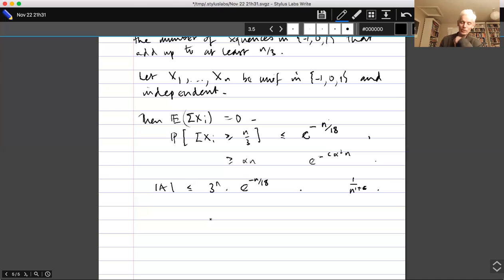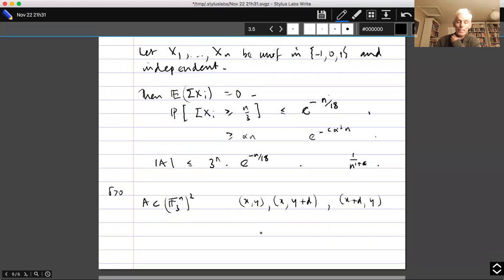And so, to give you an example of a question that people would very much like to be able to solve, supposing we take a subset A of F_3^n squared, it's known that if it's dense, so if n is large enough and we've got some delta greater than 0, we can find a triple of the form x, y plus d, and x plus d, y, where d is non-zero, that all live in A. But the bound that comes out of that is not terribly good.